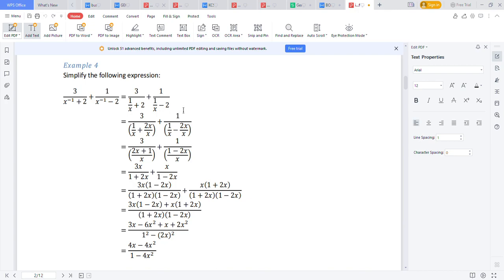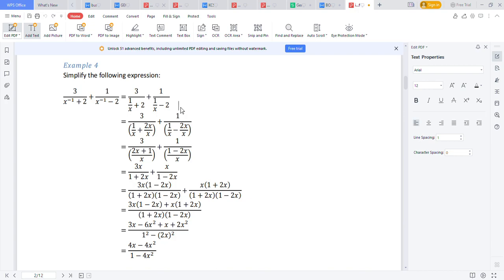So if you do this from your algebra, you must get the LCM. The LCM of 1 over x plus 2 and 1 over x minus 2 is a very simple calculation.